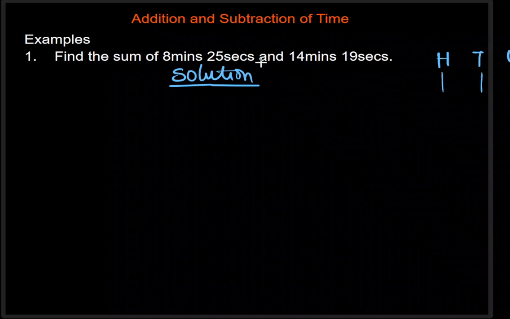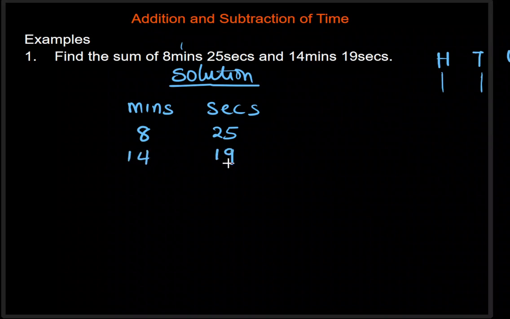So in this case, the place values we'll be looking at are minutes and seconds. We have minutes and then we have seconds. So we have 8 minutes 25 seconds, and then we have 14 minutes and 19 seconds.